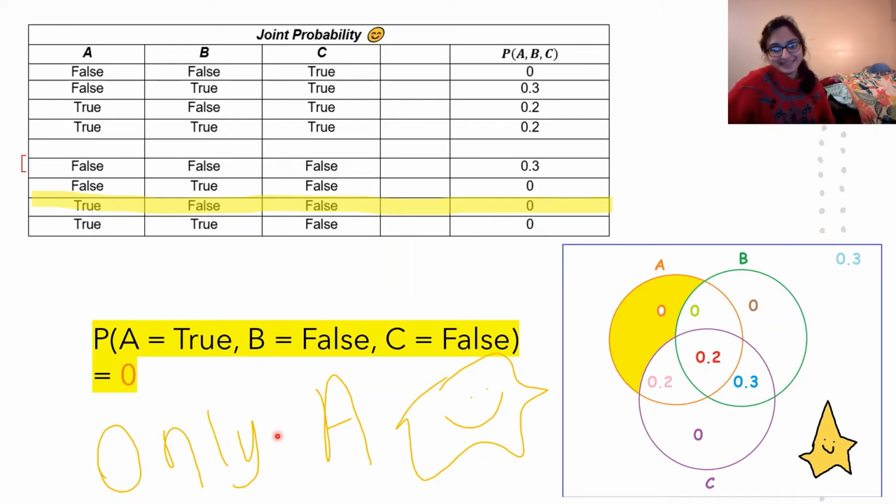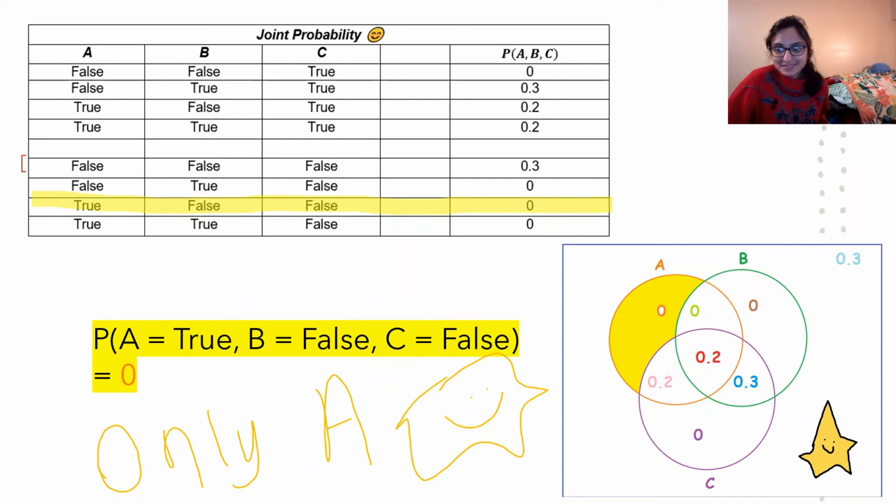So only A. That means we're looking for where A is true, B is false, and C is false. Because B is false, we do not include this or this. And because C is false, we don't include this and this either. So we're just focused on this part here, because it's only A, where A is true but B is false and C is false.